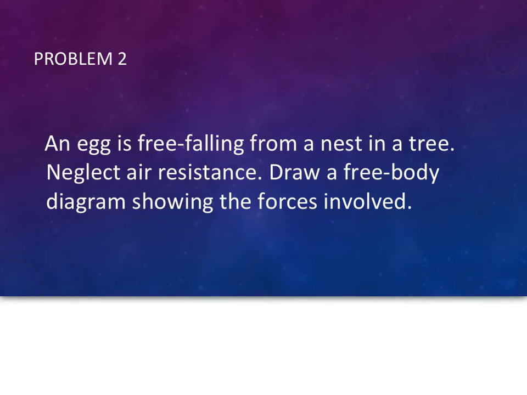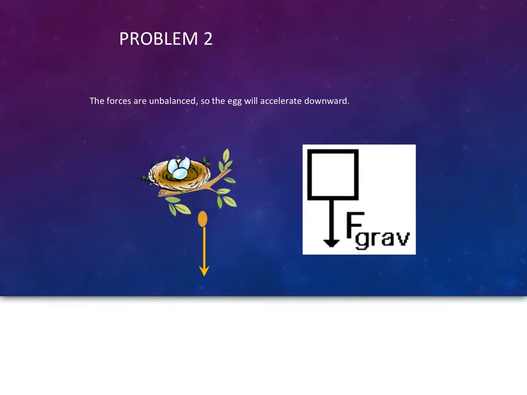Let's take another example of an egg that's free falling from a nest. Think about it. If we ignore air resistance and an object is free falling, what's acting on it? The only thing that's acting on it is really the force of gravity. Nothing else. Let's take a look at the answer and see. You can see from the picture that we were correct. The force is definitely unbalanced because there's a force in only one direction.